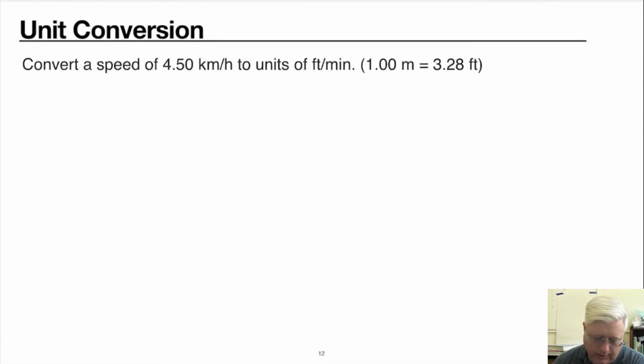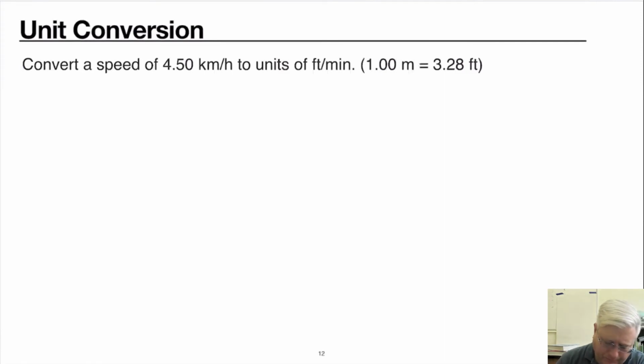So let's do an example of how we might convert a unit. Let's say we have a speed of 4.50 kilometers per hour, and we want to convert it to units of feet per minute. We're given that 1 meter is 3.28 feet.